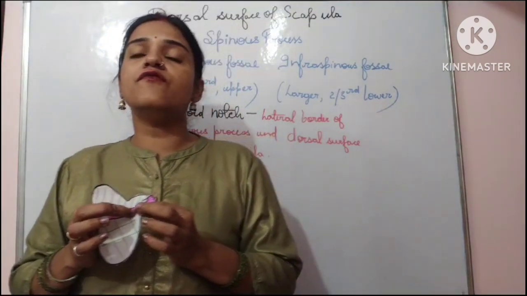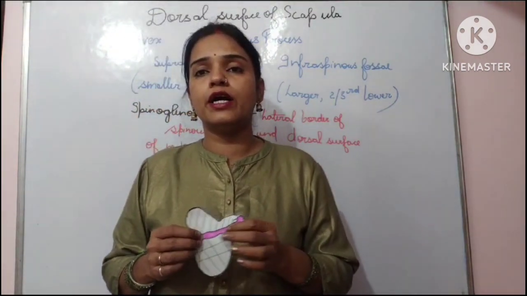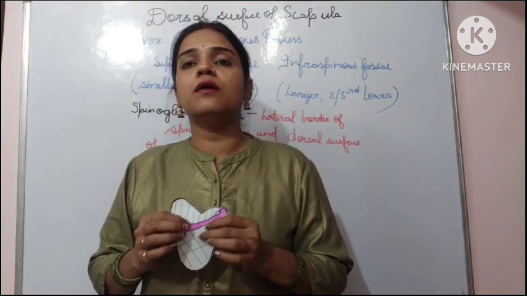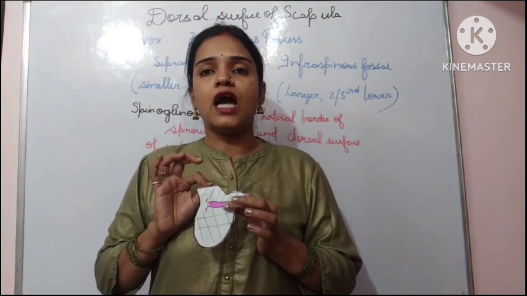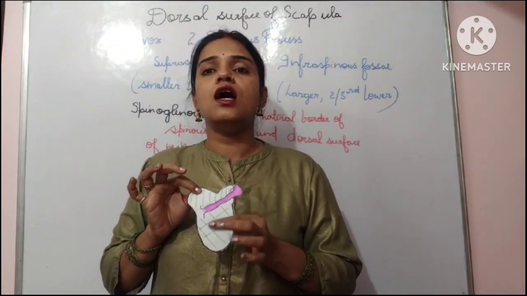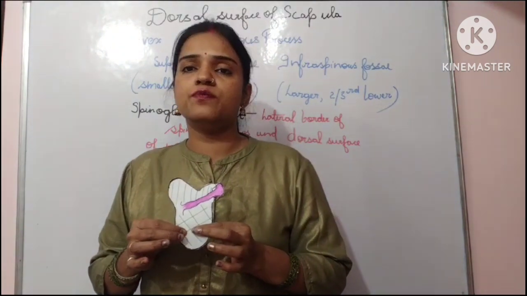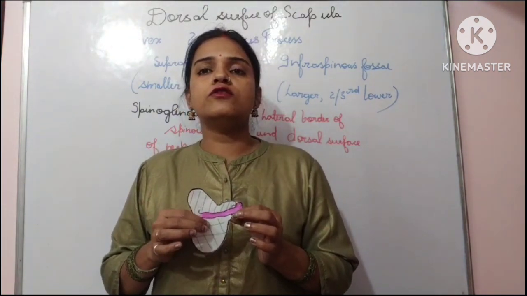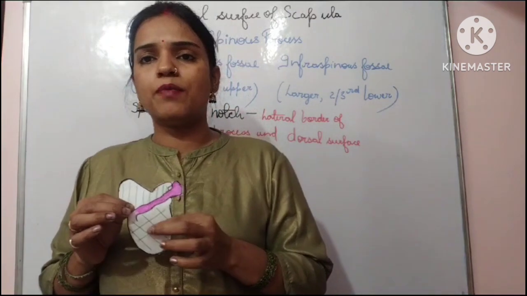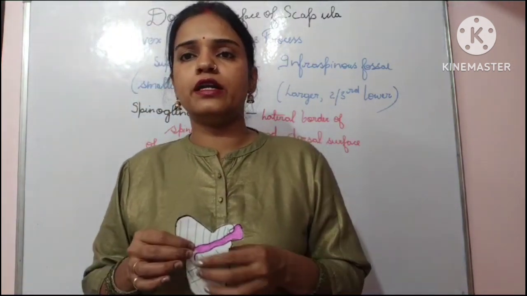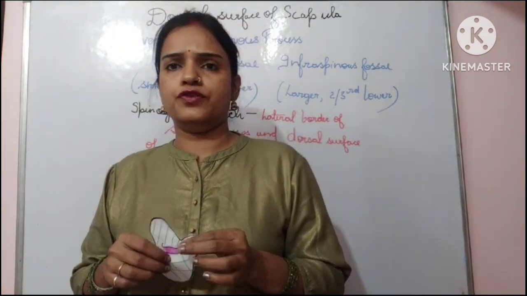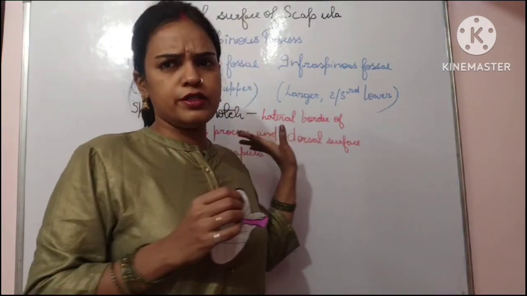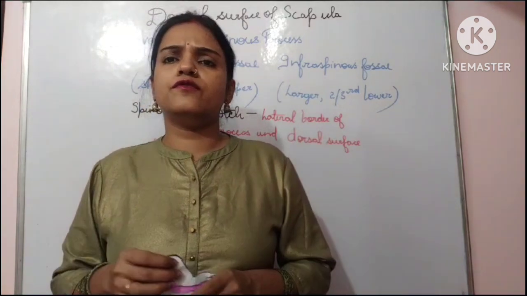So what is the function of the supraglenoid notch? The supraglenoid notch allows communication between the upper supraspinous fossa and the lower infraspinous fossa. Also many nerves and vessels pass through this notch. These were the main important points about the dorsal surface of the scapula.